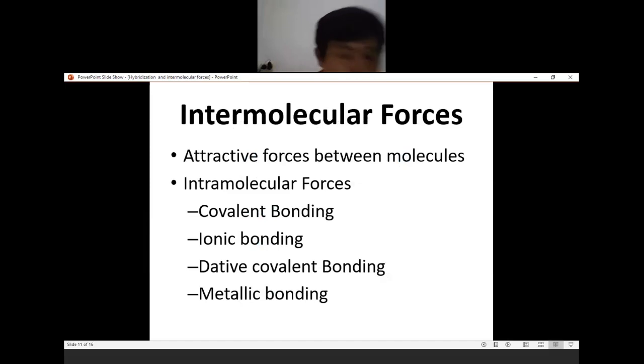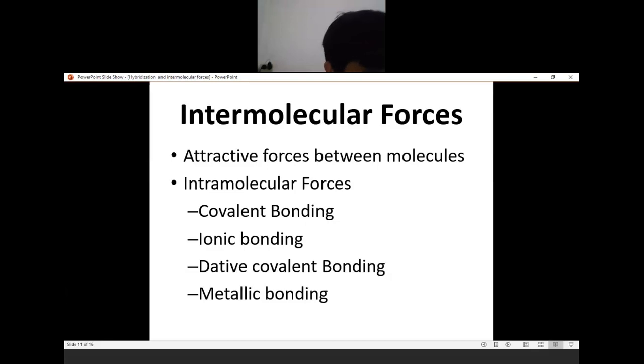Next, it is about intermolecular forces. Okay. Attractive intermolecular forces are defined as the attractive forces between molecules. Attractive forces between molecules means the forces from one molecule to another molecule, not between the atoms in the molecule. And then there are three types of intramolecular forces.